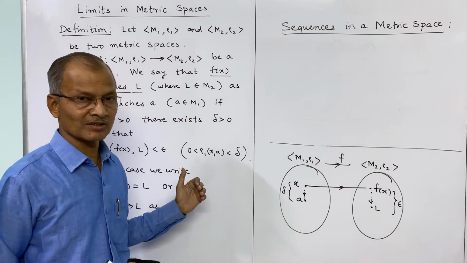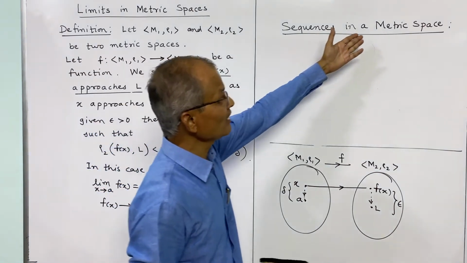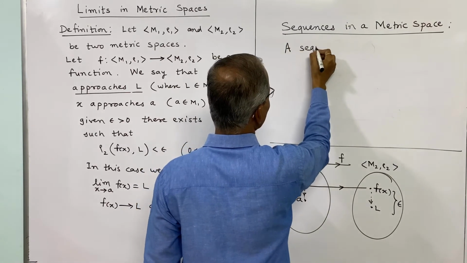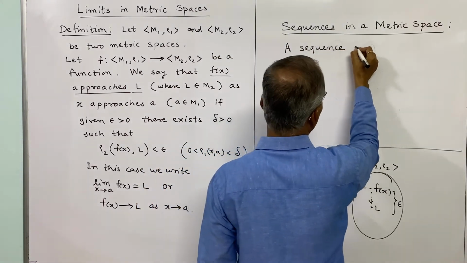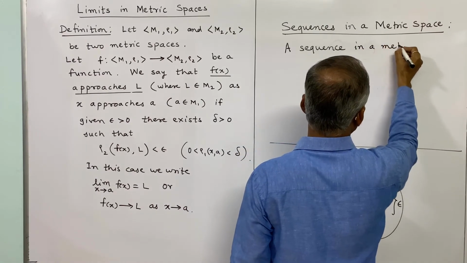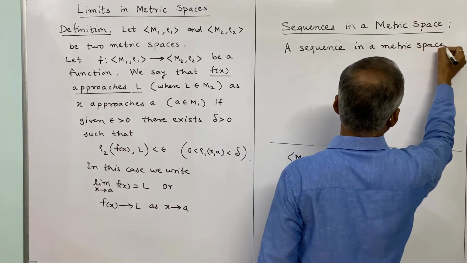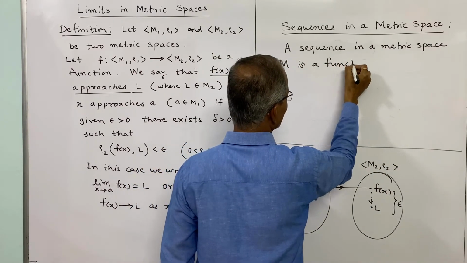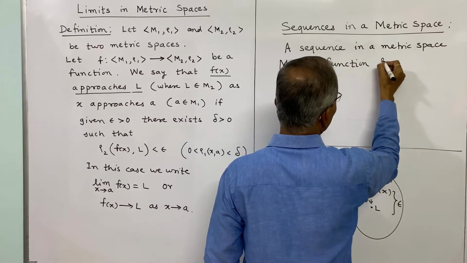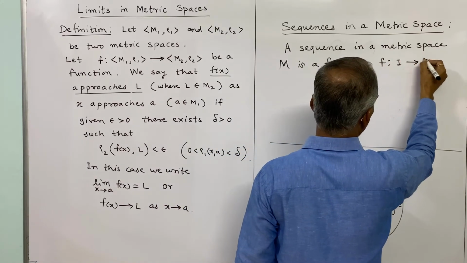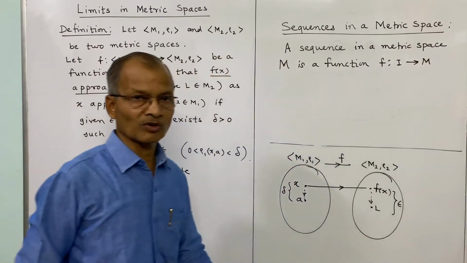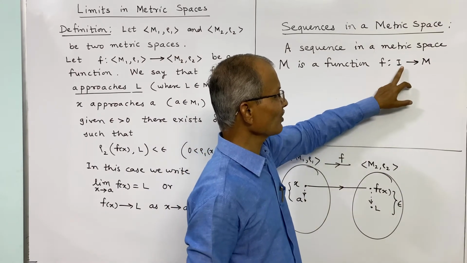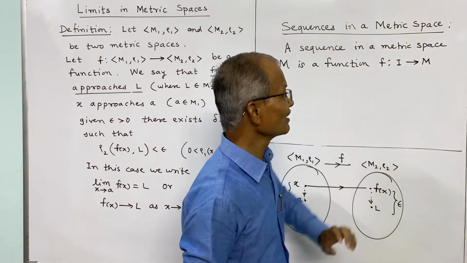That means the metric space is there R1, and here it may be any metric space M. A sequence in a metric space M is a function f from I to M, where I is the set of positive integers. And earlier, a sequence of real numbers is a function from I to R. Instead of R, here it is M.